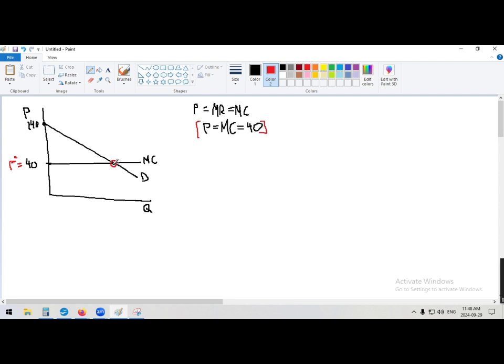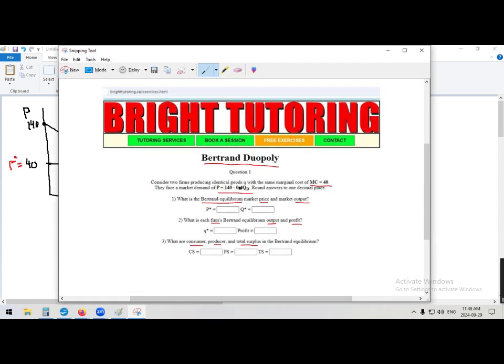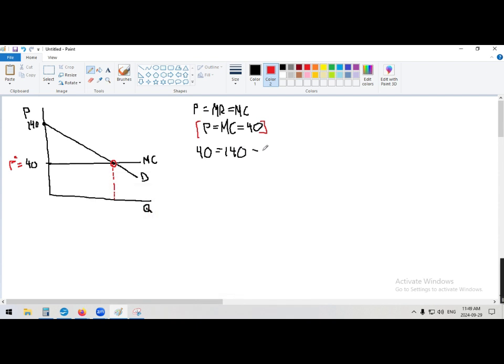And then based on that market price, we can figure out the aggregate market quantity here by plugging it into the demand curve. So if we plug in 40 equals 140 minus 0.4 Q. So what do we have? We have 0.4 Q equals 100.